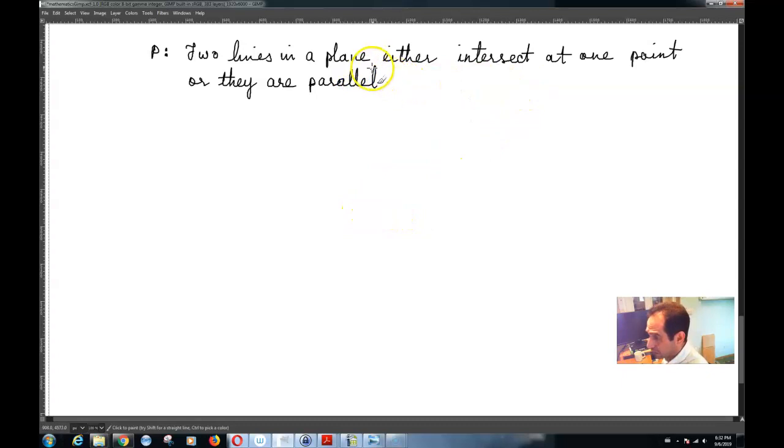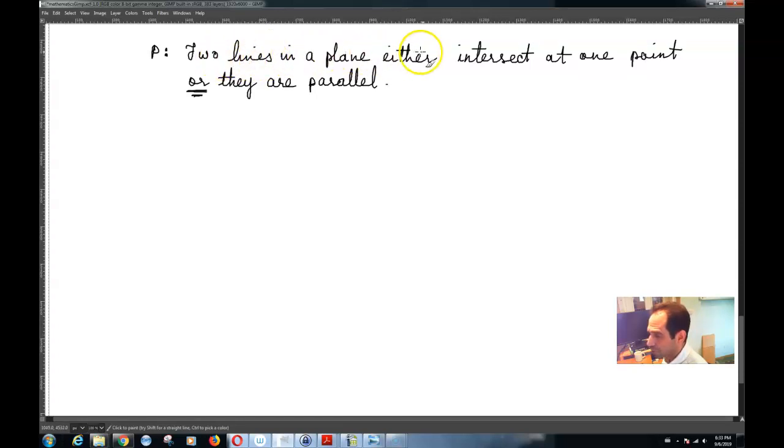So you can see that you have the word, the connective. I suppose this was called a connective. You have the connective "or" over here.